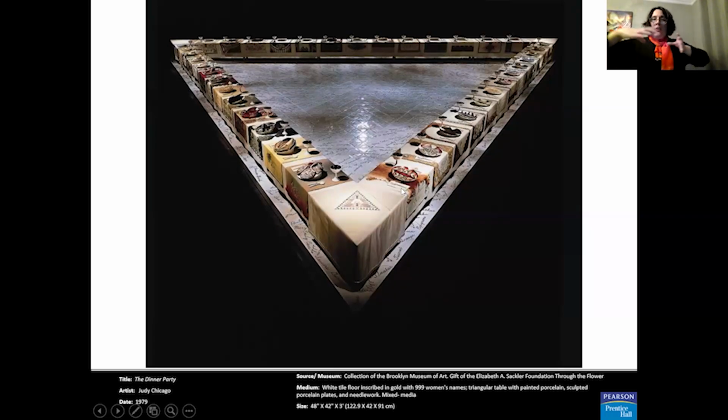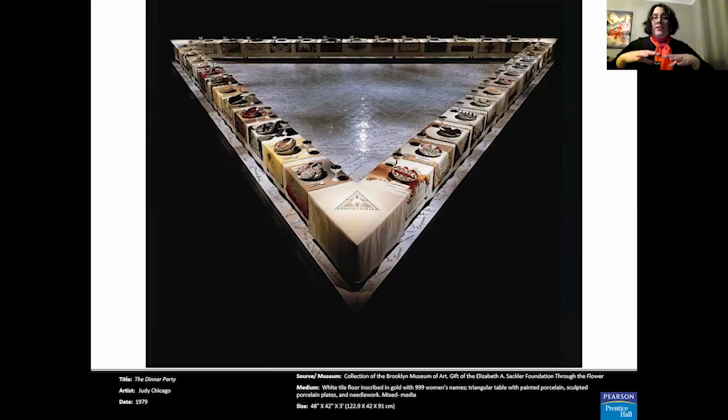But encompassing all 3 sides are a total of 39 place settings, which are devoted to different women in history, mythological women. This dinner party installation, sculpture, however we want to describe it, is a testimony and memorial to women's history and to women.